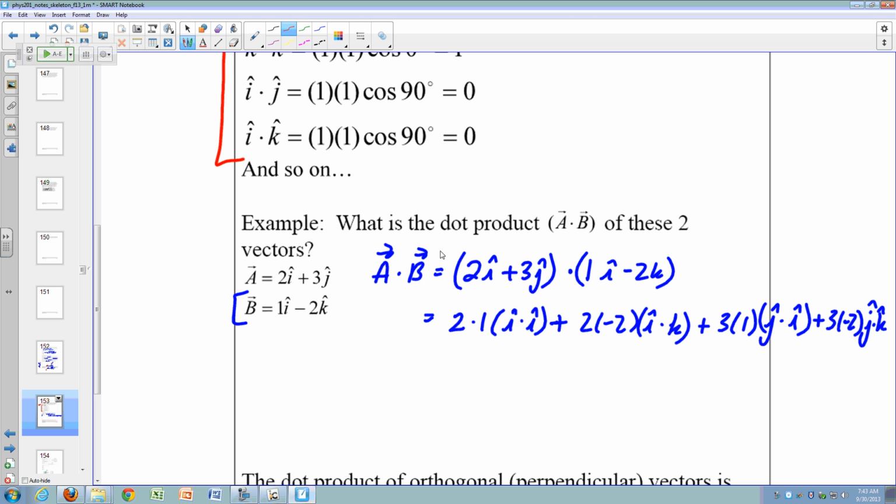All right, so some of these go to 0, most of them do. I dot k is 0, j dot I is 0, and j dot k is 0. So this is equal to 2 times 1. I dot I is equal to 1, so it's just equal to 2.